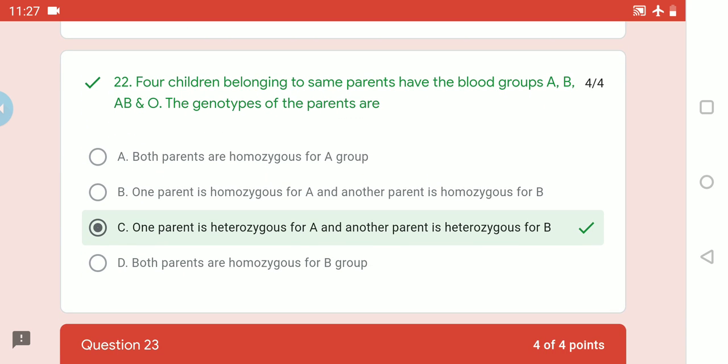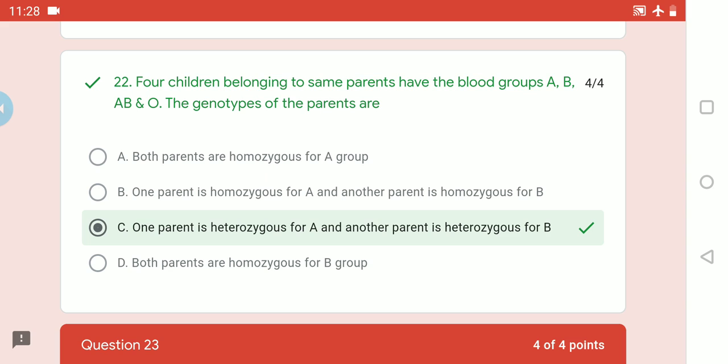The next one. Try to understand this also in the easiest manner. The 4 children belonging to the same parents have the blood groups A, B, AB and O. The genotypes of the parents are? This is a very good example, just as I said, of multiple allelism. So one parent is heterozygous A and the other parent is heterozygous B. If you write it down, whenever the cross is made between I to the power of A, i, that is small i or we can also write I to the power of 0, and I to the power of B, i, so that is heterozygous.